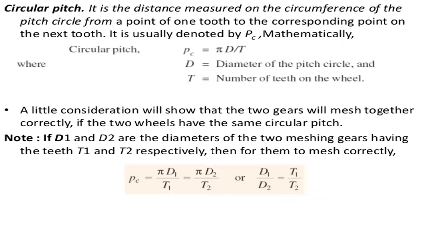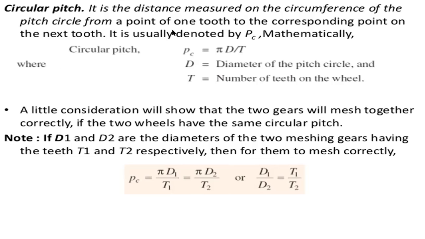Next one is the circular pitch. The circular pitch is the distance measured on the circumference of the pitch circle from a point of one tooth to the corresponding point on the next tooth.